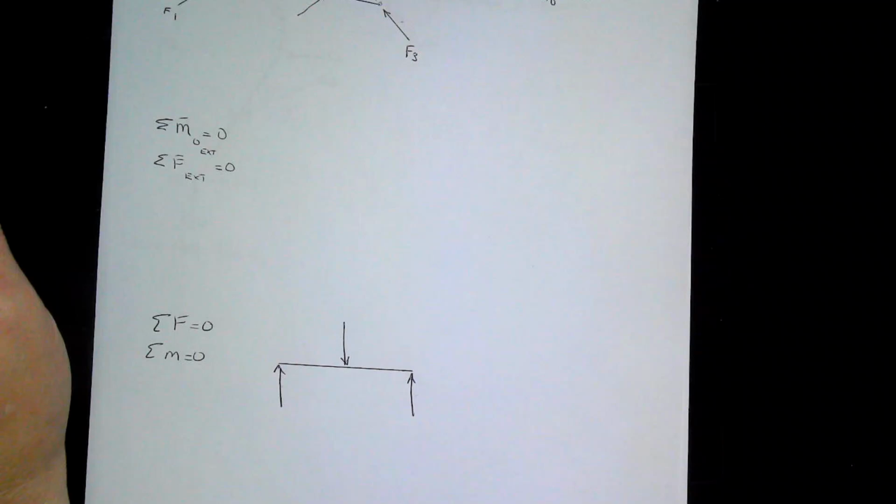This is a 1 by 1 meter box, so the perpendicular distance to G is half a meter. Going clockwise, I have 300 times 0.5. The force of friction will just equal that, so that also tends to make us go the same way.